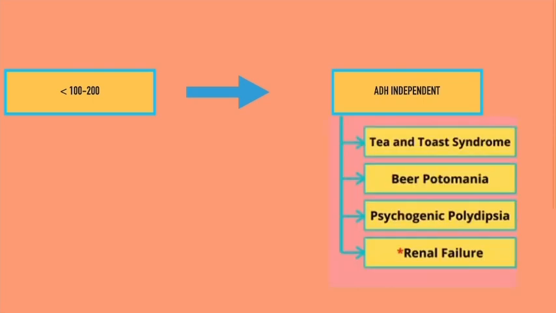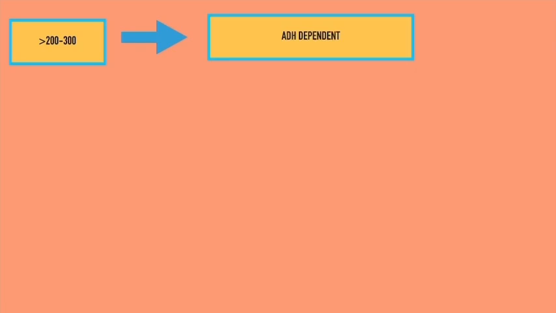So the causes are already discussed, that is tea and toast syndrome, beer potomania, psychogenic polydipsia, and also in case of renal failure, it is also an ADH independent condition where there is excess water retention due to decrease in the GFR. If the urine osmolality is more than 200 to 300, it actually means the hyponatremia is ADH dependent.